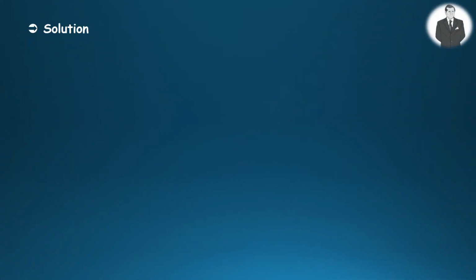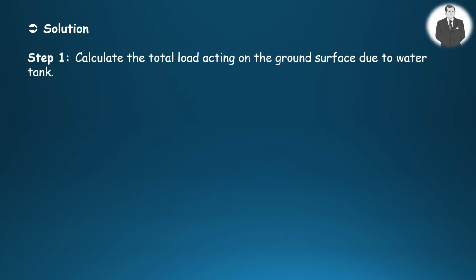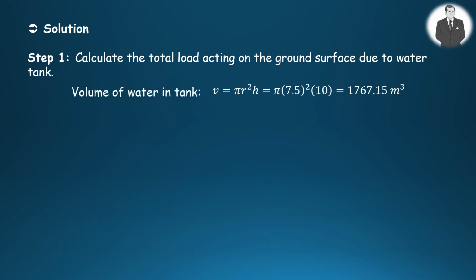Let us solve this problem together. The first step is to compute the total load acting on the ground surface owing to the water tank. For this, we first need to determine the volume of water in the tank, which is equal to pi times r squared times h. R is the radius of the storage tank, h is the height of the tank.